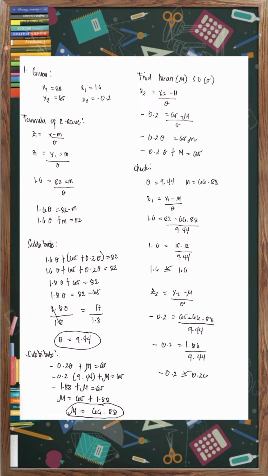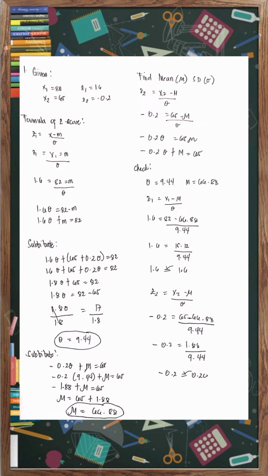Magiging negative 0.2. Ito naman yung standard deviation sa pangalawa. Then, plus m equals 65. Yun yung equation system. Then, substitute. Kung paano natin substitute, 1.6 standard deviations plus open and close parentheses 65 plus 0.2 standard deviations, then equals to 82.